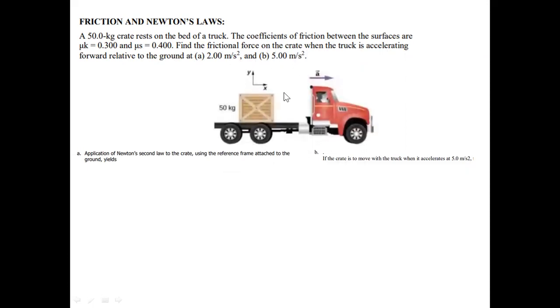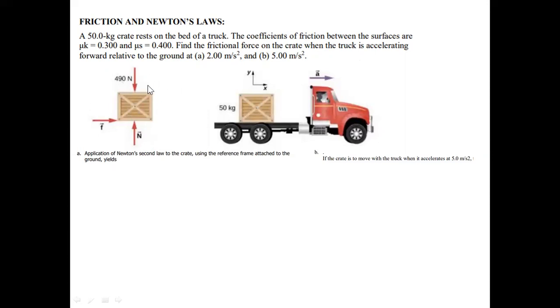Now, as you can see here, if we're going to draw the free body diagram, the truck carries a 50-kilogram weight with the motion of acceleration going in this direction. And then if we're going to consider our crate here, our crate has the following forces. This is the FBD for the crate. We have the weight of the crate, which is 490 newtons.